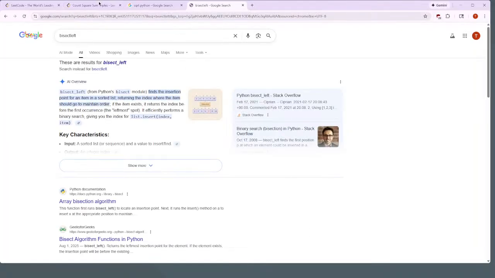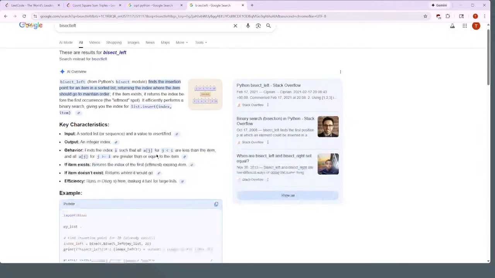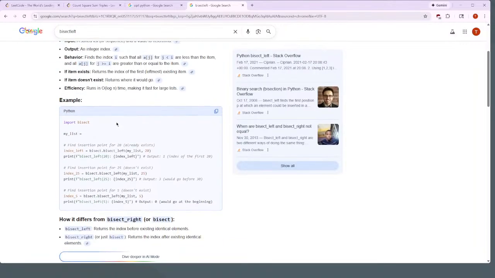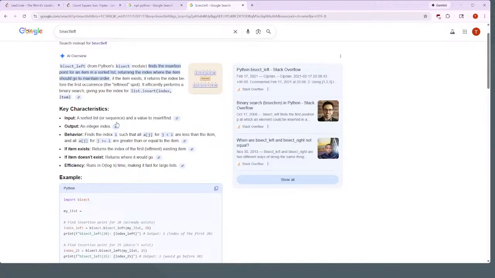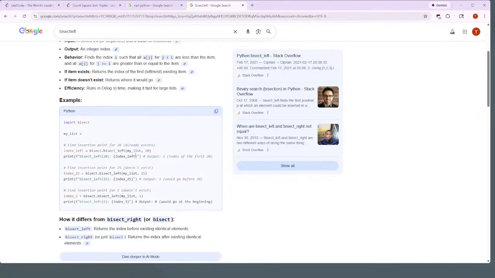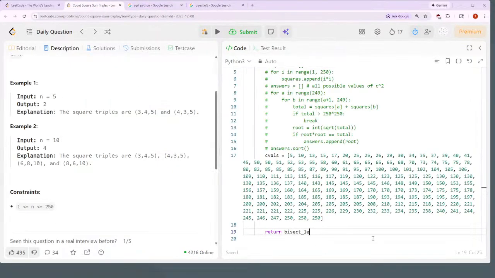Yeah, bisect left, passing in the array, the search value. Actually, is it bisect left or bisect right here? I think it might be bisect right, to be honest, because I want the index after finding the thing rather than the index before finding the thing. My list and the search value. Okay. So I think it's bisect right.